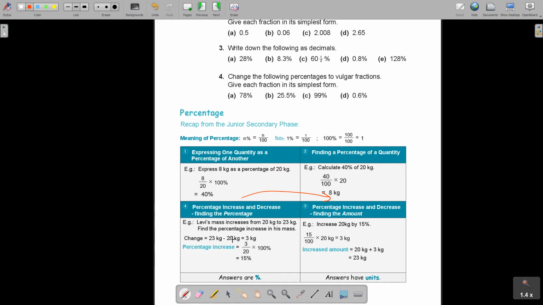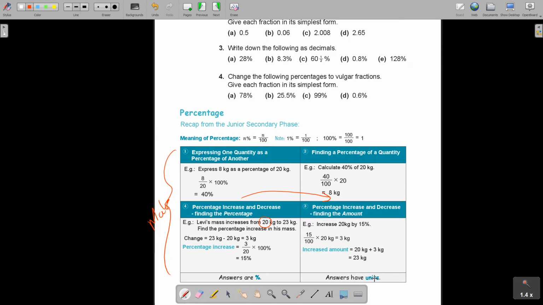So the increase, I first get the increase, it's 3, and then I've put 3 over the original one, and I'm actually making a percentage. What I usually like to say is, in this one, I'm going to make a percentage. Whereas in this one, why I wrote this one here, if I say increase 20 kilogram by 15%, then I just work out the 15%, and then I get 3, and then I just basically add it.